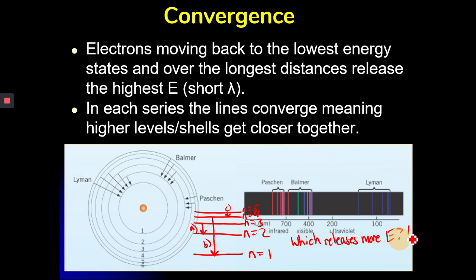In this case, it would be line B, because there's a greater distance there. Then the question might say, which releases higher frequency? What you have to remember is that higher frequency means you have more energy. And so the answer here would also be B. So again, showing those relationships. This question could also have said, which releases shorter wavelengths? And then again, the answer would be B.